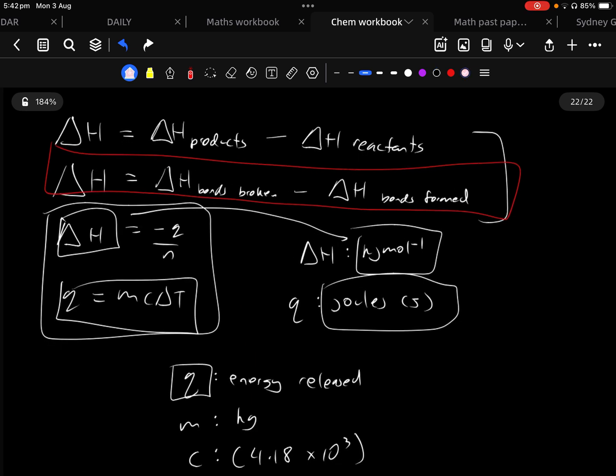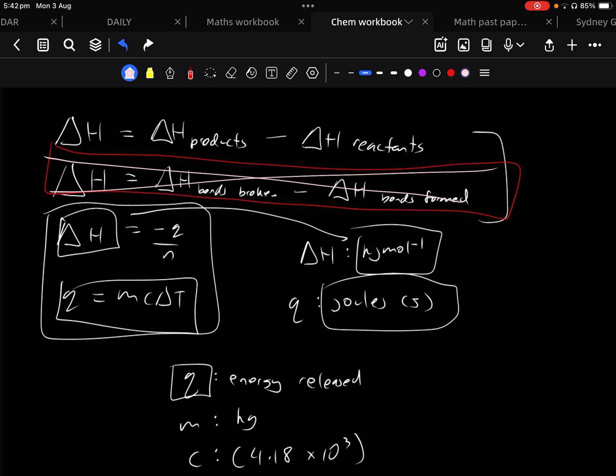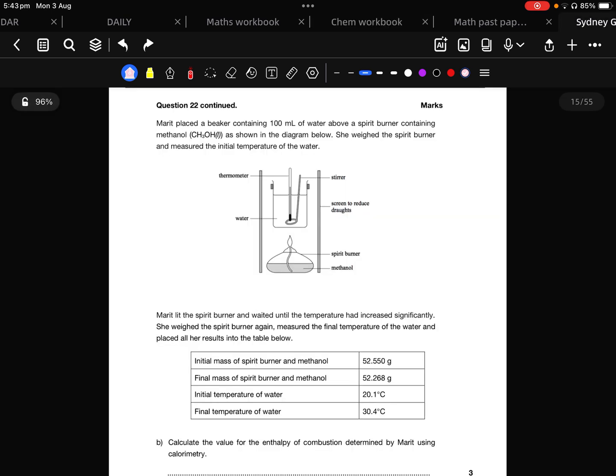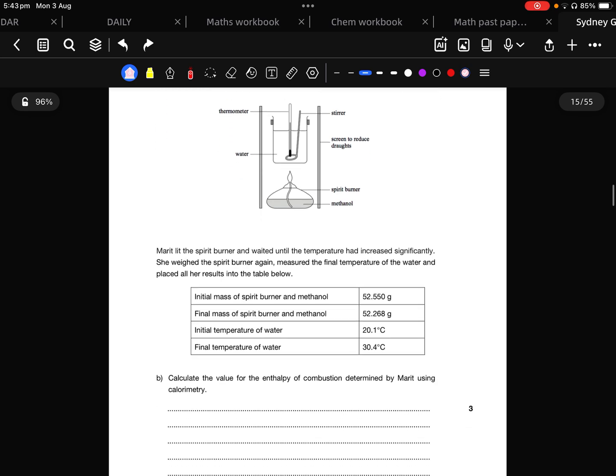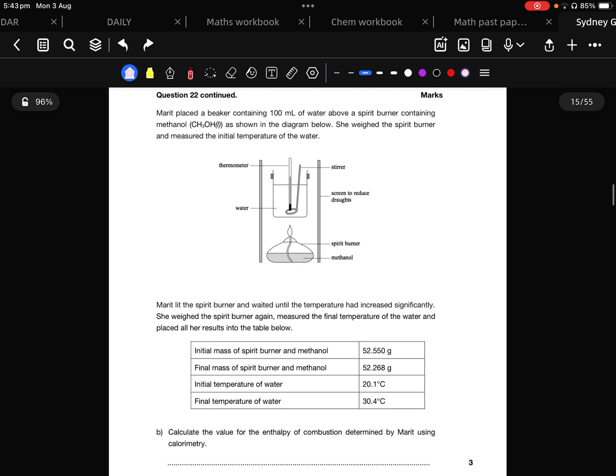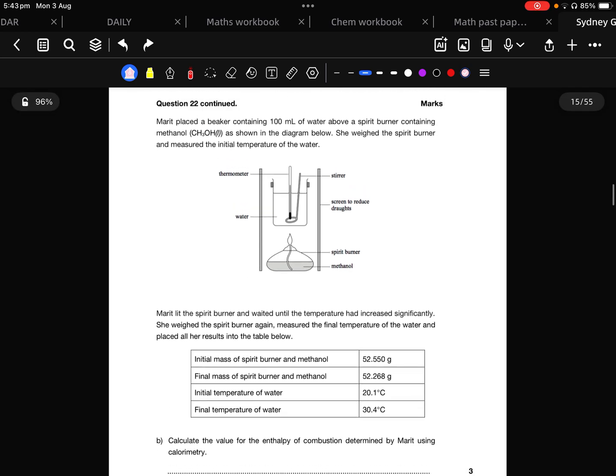So we've already used this formula in action. Question 22b of the past paper. Laura placed the beaker containing 100 ml of water above a spirit burner containing methanol.